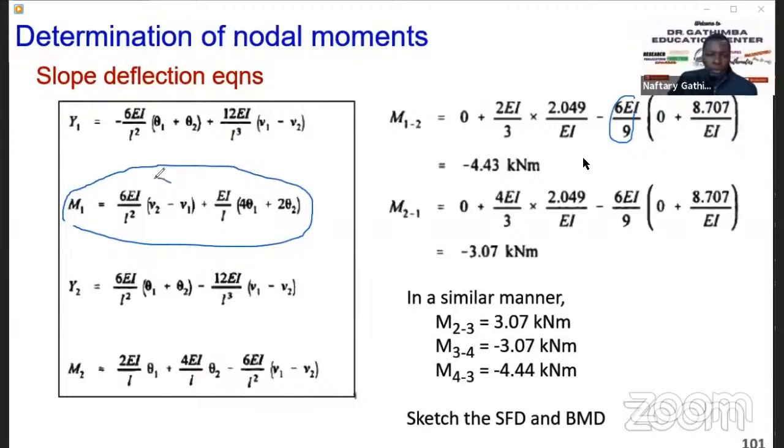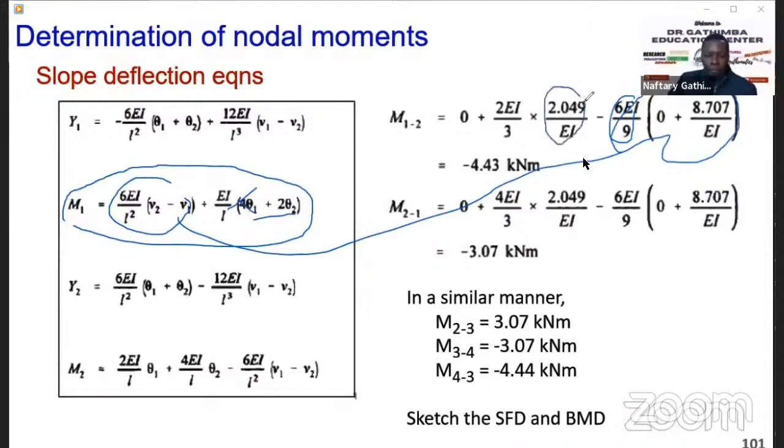V1 is equal to 0. So this part is this part here, and then this other part here. EI over L times 4 theta 1. We know theta 1 is equal to 0, so this disappears. That's why you have 2 theta 2 times EI over L. L is 3, so this is 2 over 3 EI theta 2, which is 2.049 over EI. You get the moment to be like that.